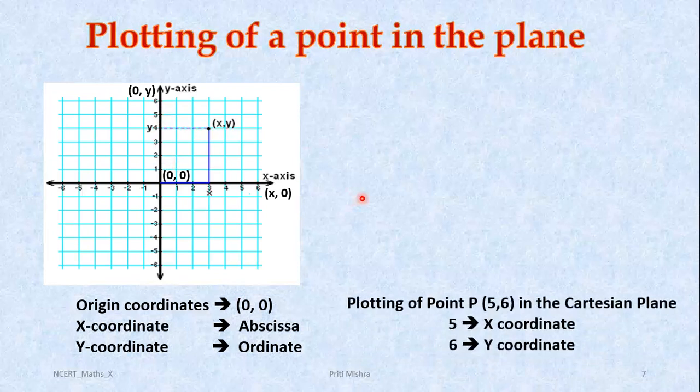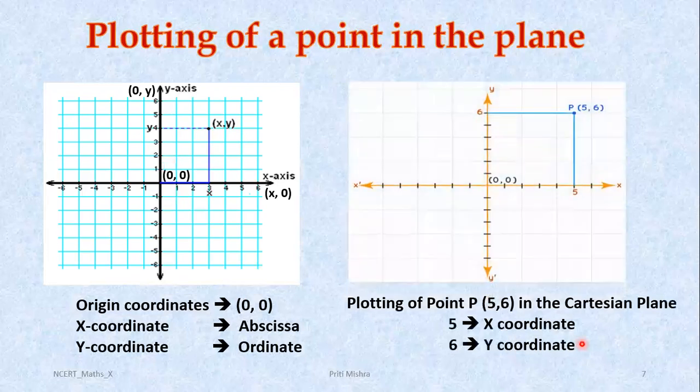Now let's plot a point P, which is (5, 6), in the Cartesian plane. Here 5 is the x coordinate and 6 is the y coordinate. So how will we plot it? We have to move 5 units along the x-axis, and at the 5th unit, we drop a perpendicular in the upward direction.